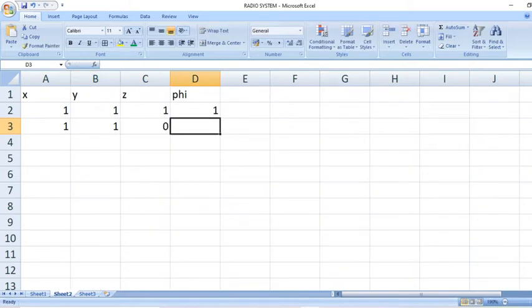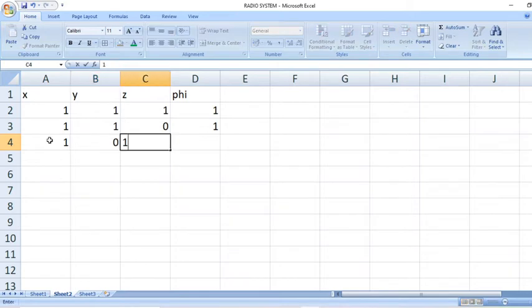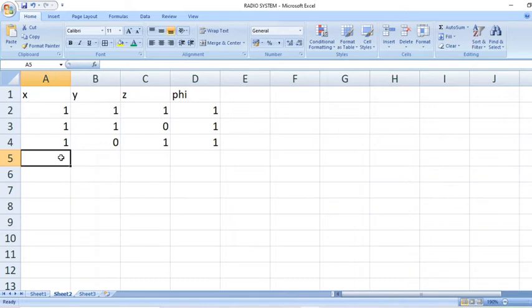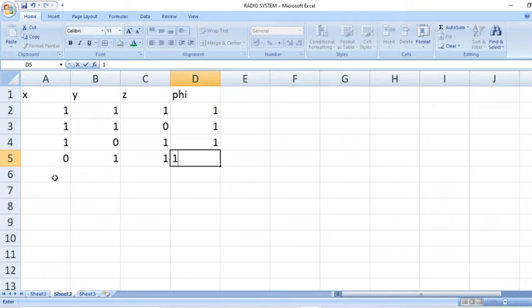So what happens? The system will be in working state. Suppose another situation, that is 1 0 1, then also system will be in working state. Another situation is 0 1 1, then also the system will be in working state.